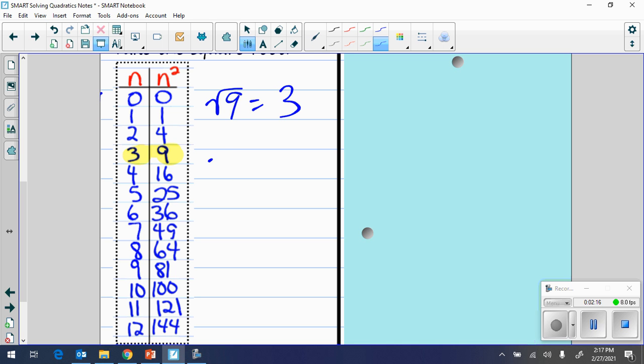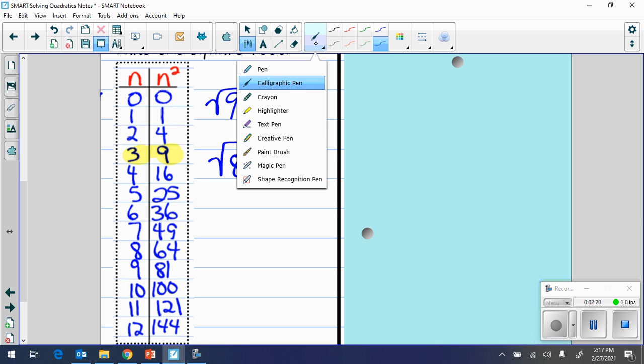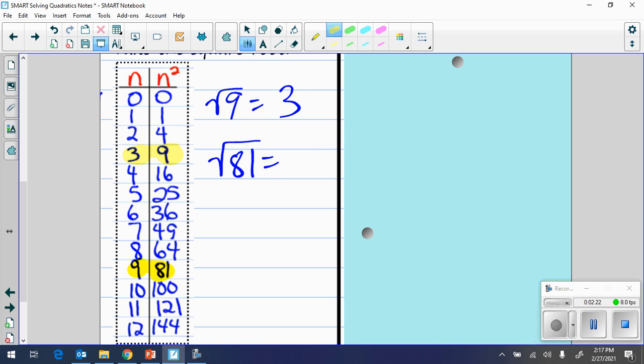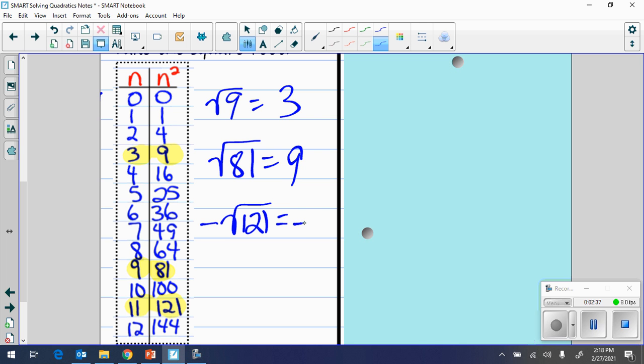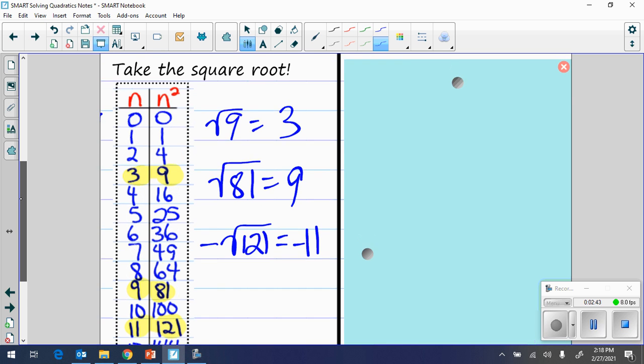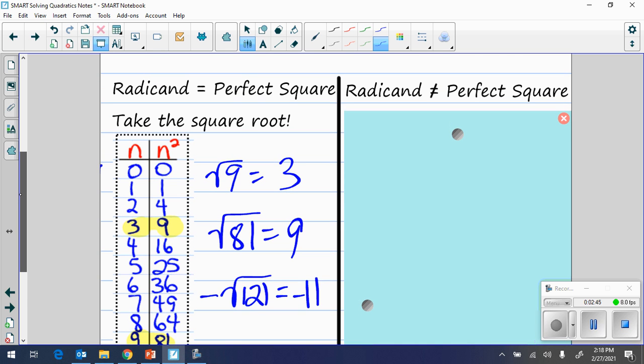If I were to do the square root of 81, I would look right here and get 9. And if I asked you for negative square root of 121, that would be negative 11. The negative is on the outside. So if it's a perfect square, it's pretty simple to do. You just need to use your chart or your memory.